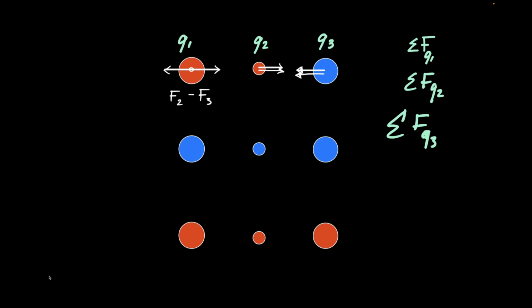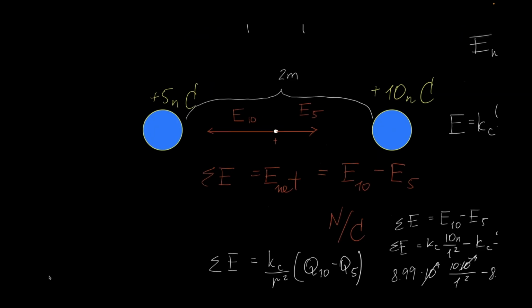And then here you would do force of 1 plus force of 2 because they're in the same direction. And here you will have force of 3 plus force of 1, and so on and so forth. So if you are looking for a net force on the charge, you will have to figure out the forces and then decide if you're going to be adding them or subtracting, very much like over here.